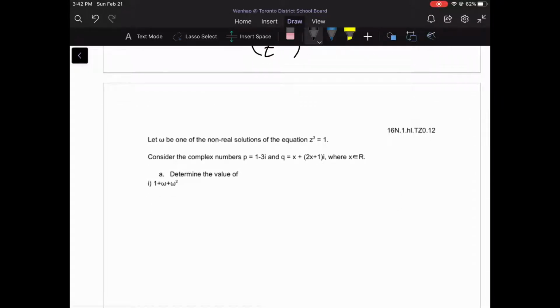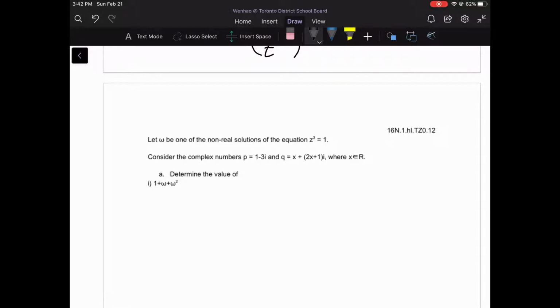And the second part of the question is, consider the complex numbers p is equal to 1 minus 3i, and q is equal to x plus (2x plus 1)i, where x is an element of real numbers. Alright, A, determine the value of 1 plus omega plus omega squared.